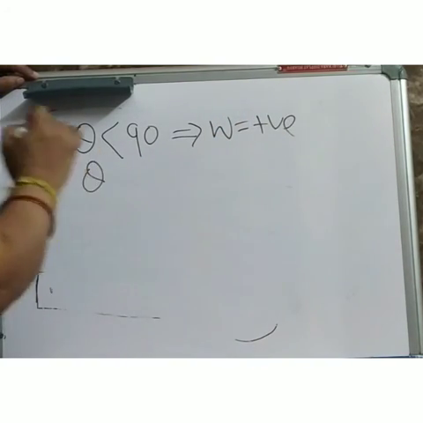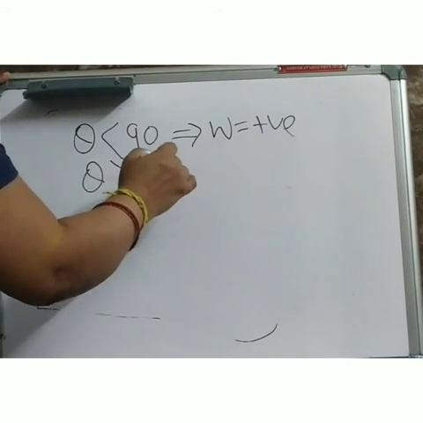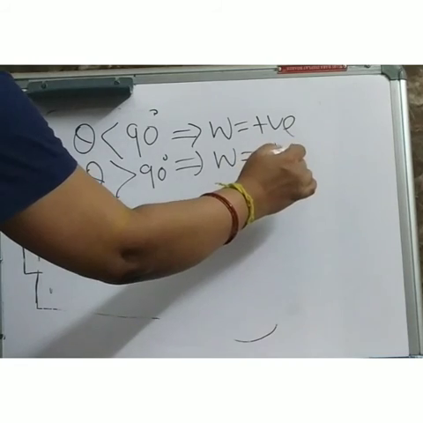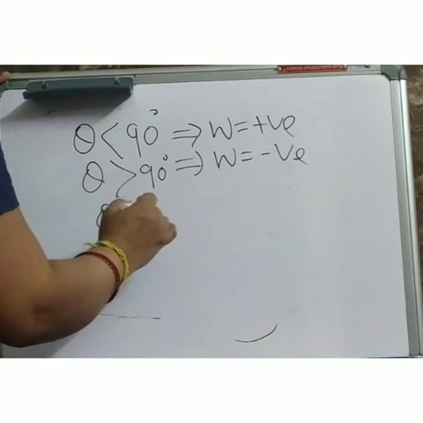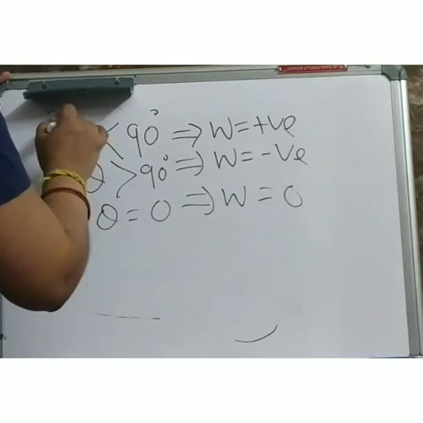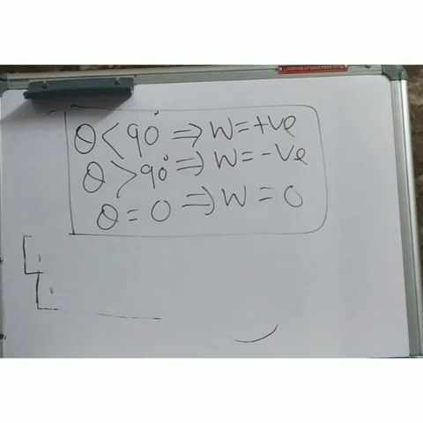When theta is more than 90, you have seen 180, work done is negative, and when theta is equal to 90, your work done is 0. Is it clear now? Hope I am clear with this work done.